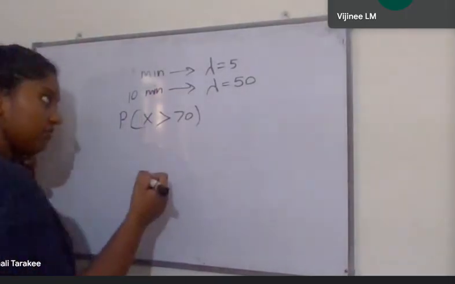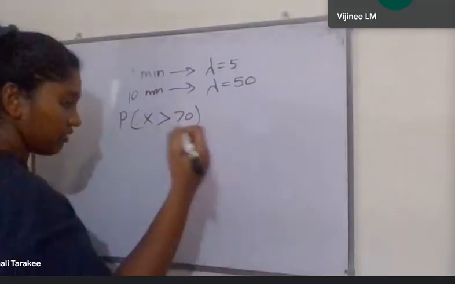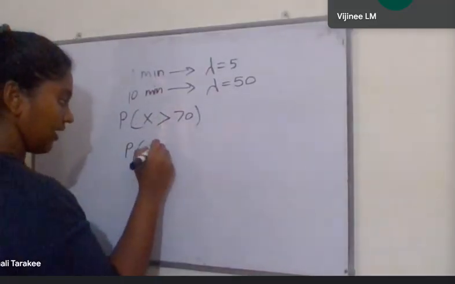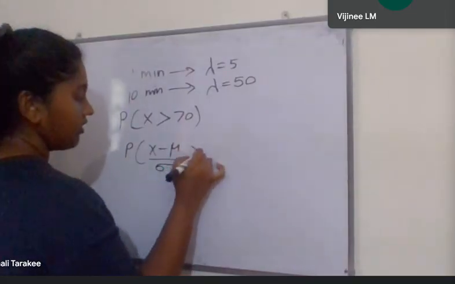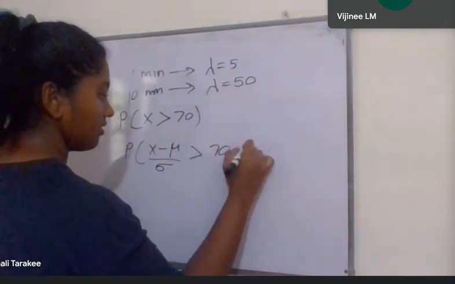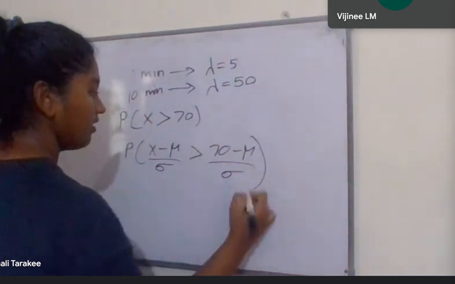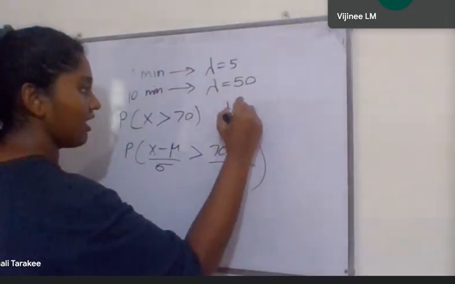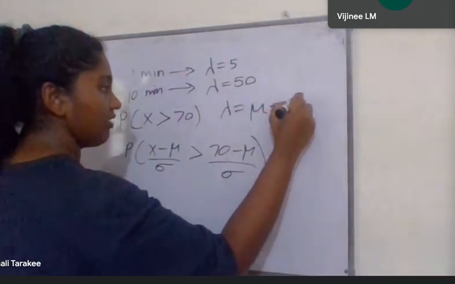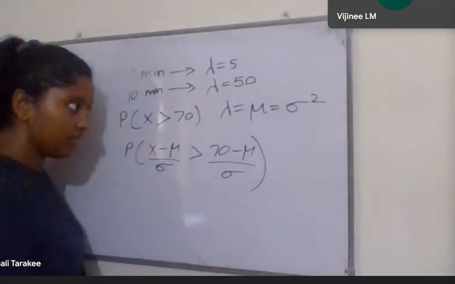So again, we can convert x value to a z value, z equals x minus mu over standard deviation, 70 minus mu over standard deviation. Now mu and standard deviation: in Poisson, lambda equals mu equals variance.